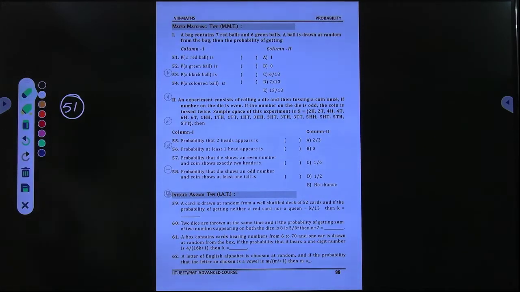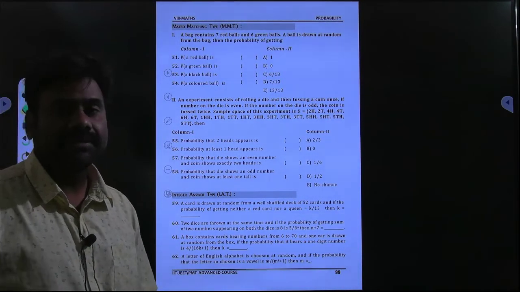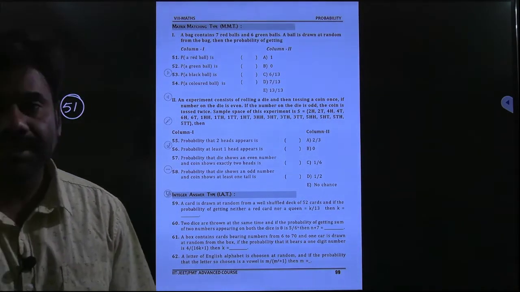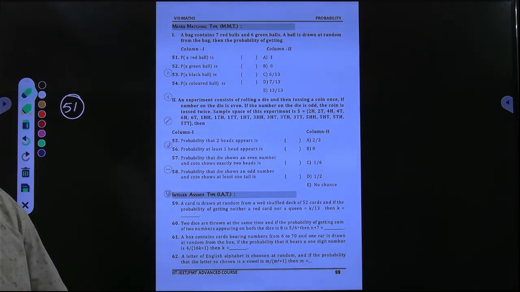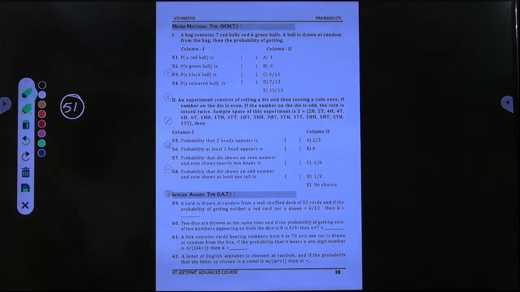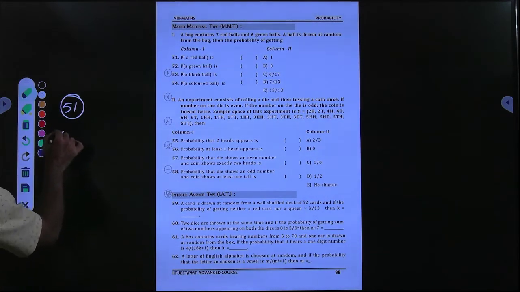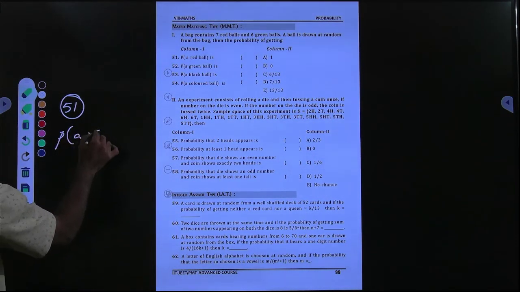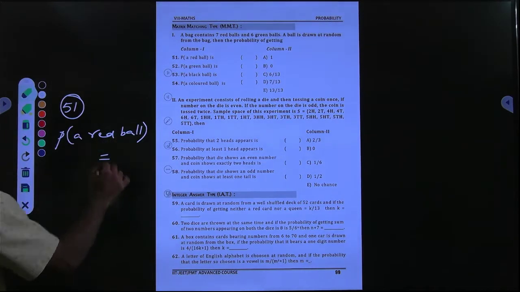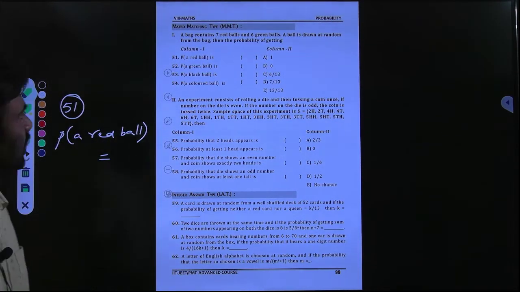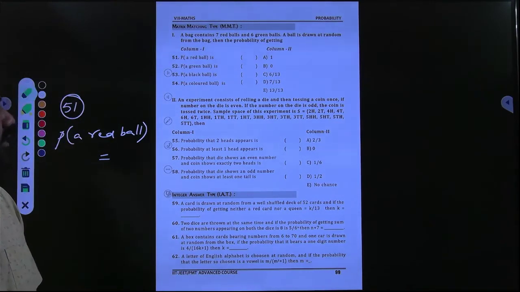Question number 51. P of a red ball means we have to understand it as the probability of choosing a red ball from that bag. That is the meaning of that. So P of a red ball: how many red balls are there totally? 7 red balls are there.